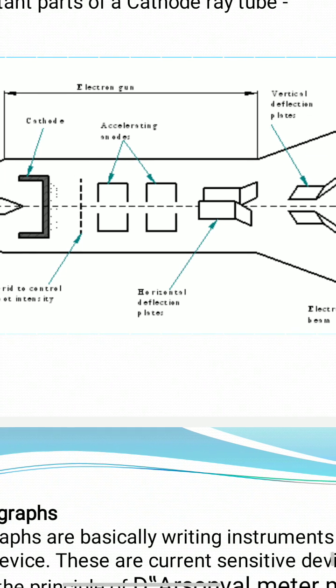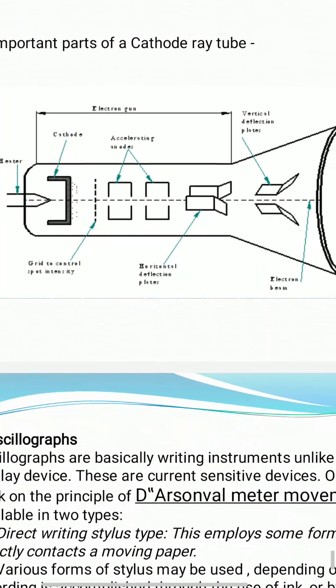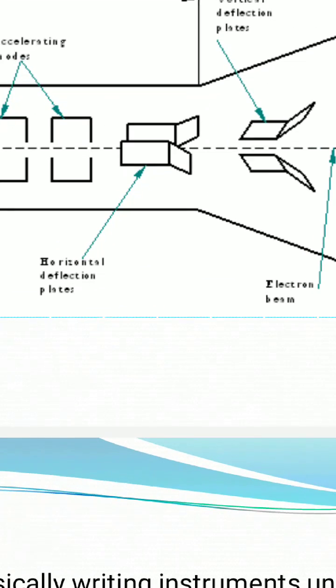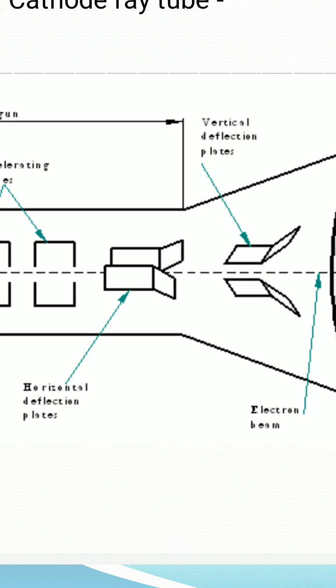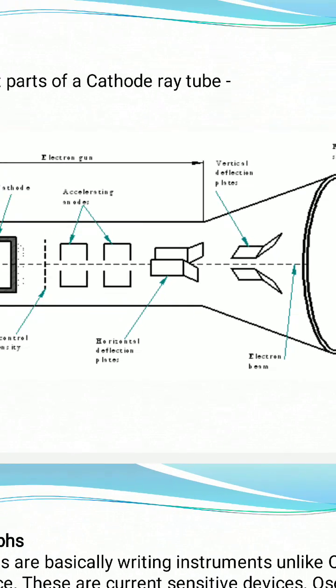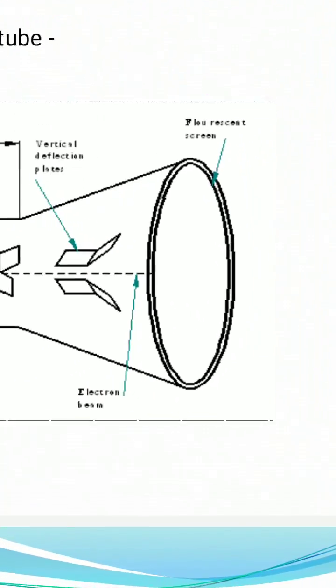When the beam passes through this accelerating anode, its speed increases. At very high speed, it then passes through the horizontal and vertical deflection plates. There are four deflection plates, two horizontal and two vertical. The beam passes through the deflection plates and falls on the screen.